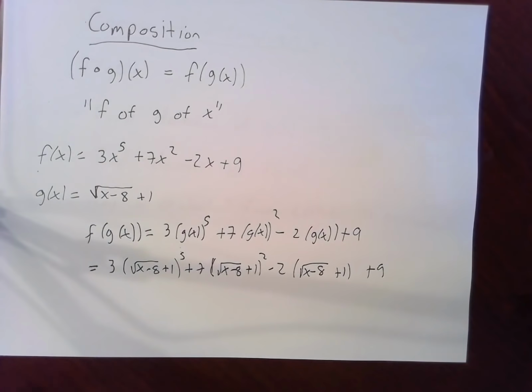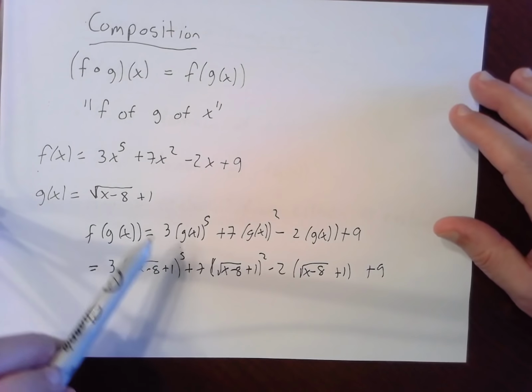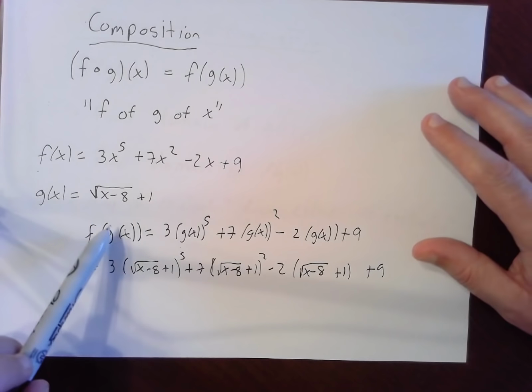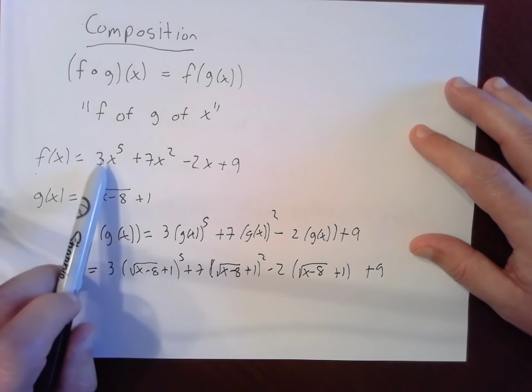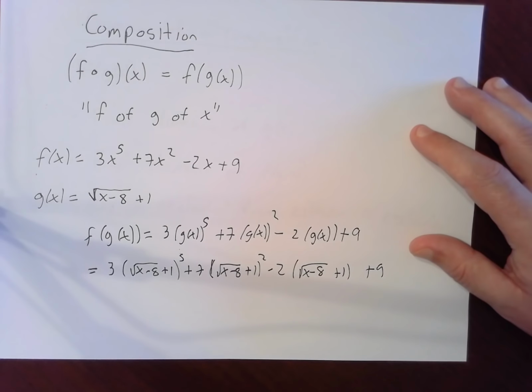And I'm not even going to bother trying to simplify this. That's not the point of this example. The point is to write down some formula, f of g of x, write down the outside function, and instead of writing x, every place you see an x, write down the entire inside function.